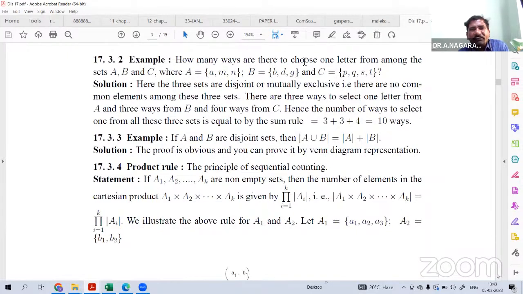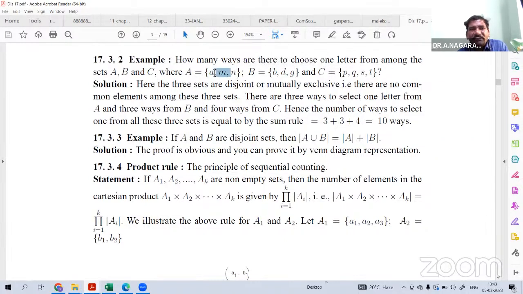Now, how many ways are there to choose one letter from the set ABC? Here I will go by the principle of induction. Why? Because an element of one set is not contained in the other sets.